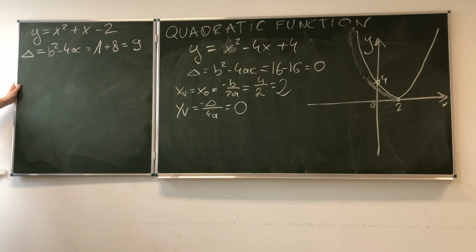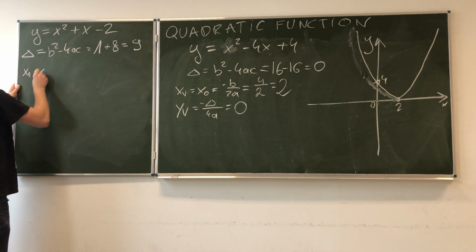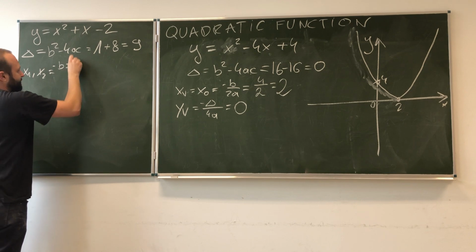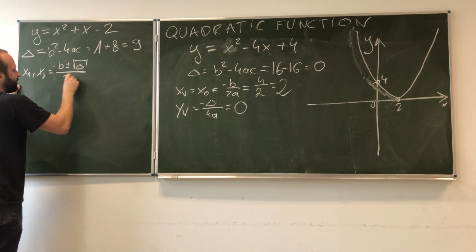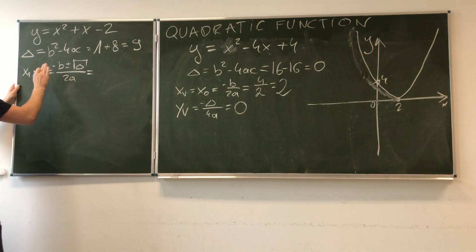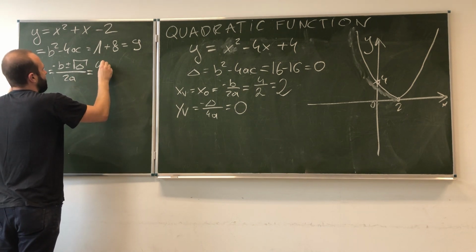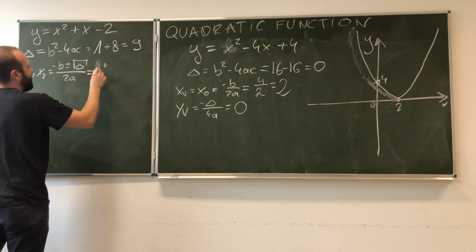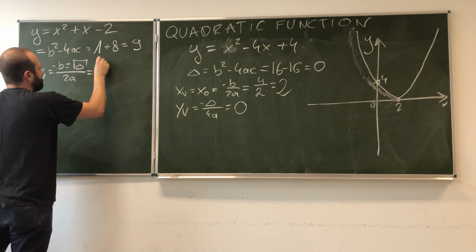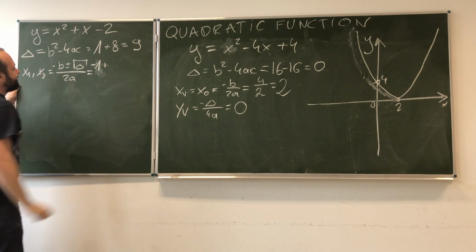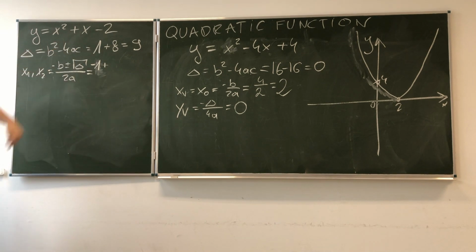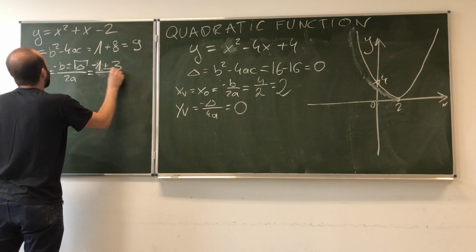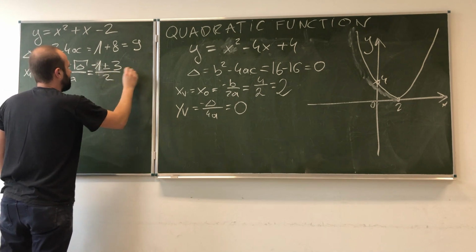So, knowing this, we can calculate x1 and x2, which are given by negative b plus minus square root of delta, over 2a. Negative b is negative 1, plus minus square root of delta, which is 3, over 2a, which is 2.